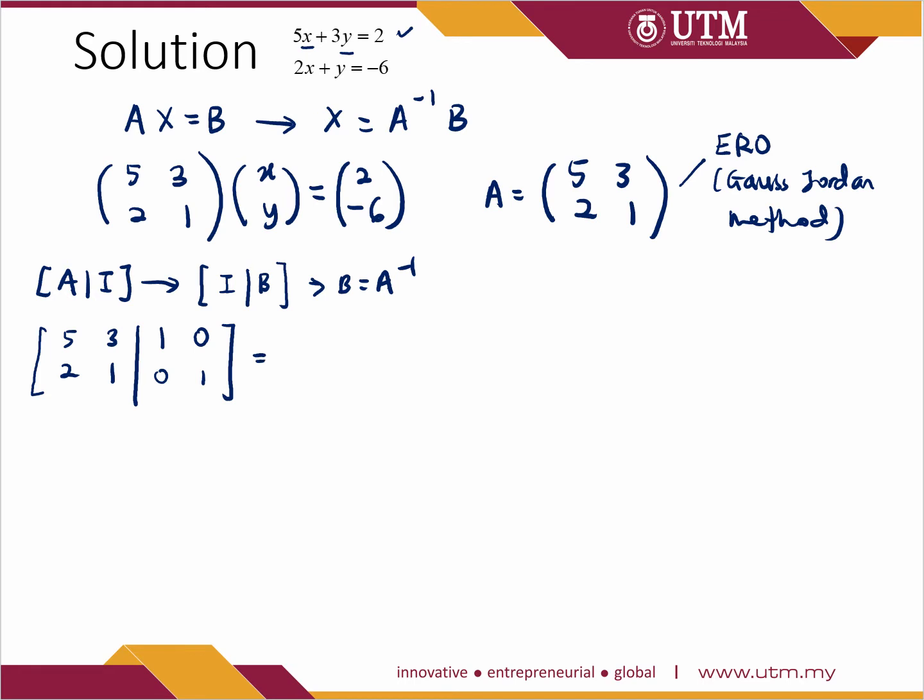Here, we have to make sure this element is 0. In order to do that, we set R2 equal to 5 R2 minus 2 times R1.